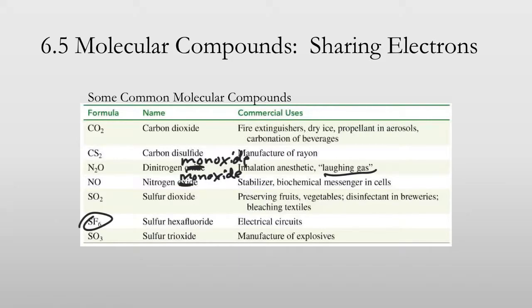I can't even get as deep as it would, but because it is much more dense than air, the SF6 travels through your vocal cords much more slowly, so your vocal cords move much more slowly, giving you a deeper sound. Helium, on the other hand, being less dense than air, moves faster through your vocal cords, which makes your voice a higher pitch. Sulfur trioxide is used in the manufacture of explosives.